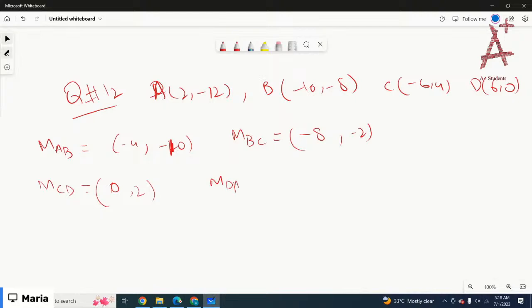Then calculate the midpoint of DA also. 6 plus 2 is 8, over 2 is 4, and 0 minus 12 over 2 is negative 6. Okay, we have the midpoints.